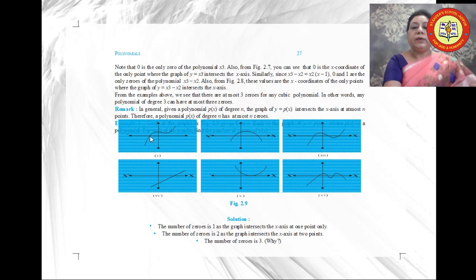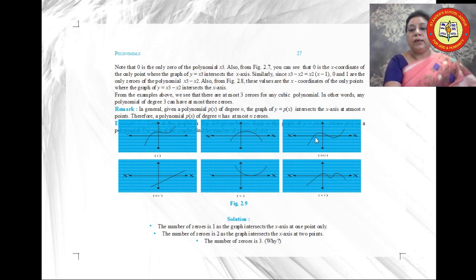So, this particular polynomial has one zero. In the second figure, the graph is intersecting in 2 points. Moreover, you can see that it is a parabola open downward. So it is clear that the coefficient of x square will be less than 0, that is negative. And the polynomial has two zeros.